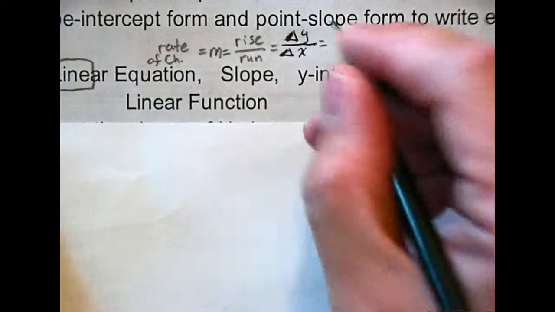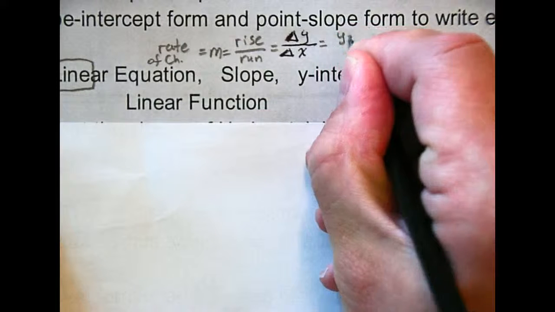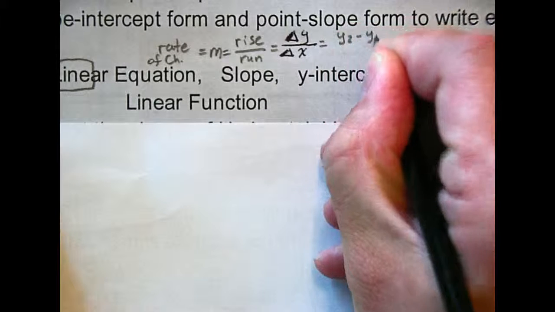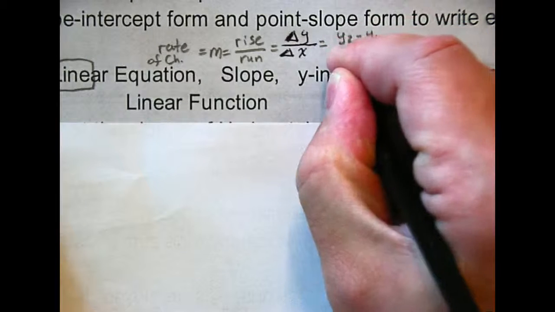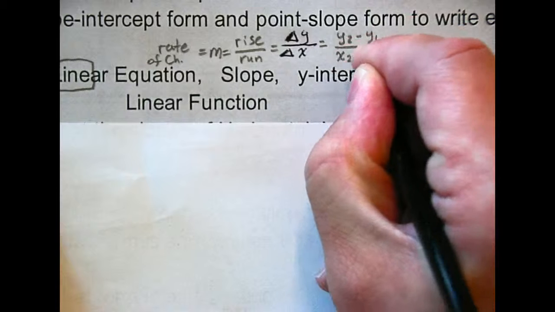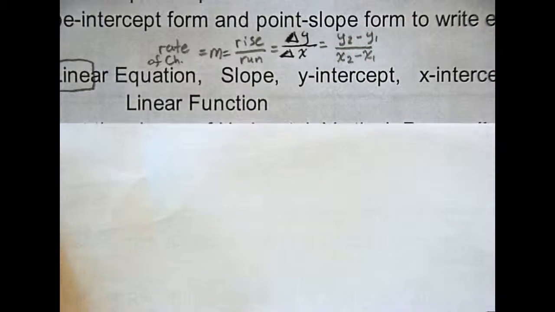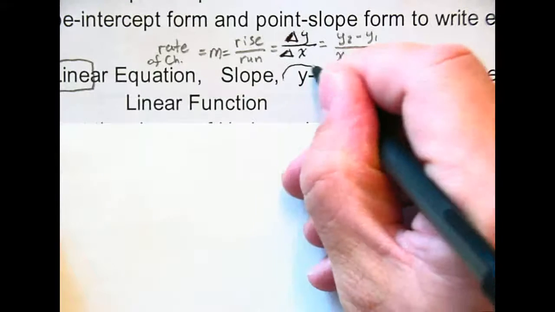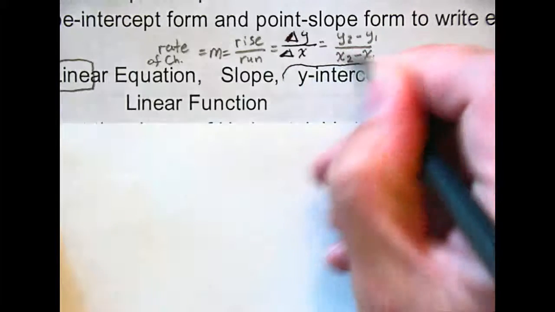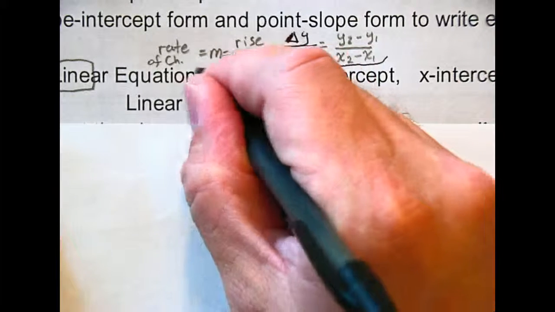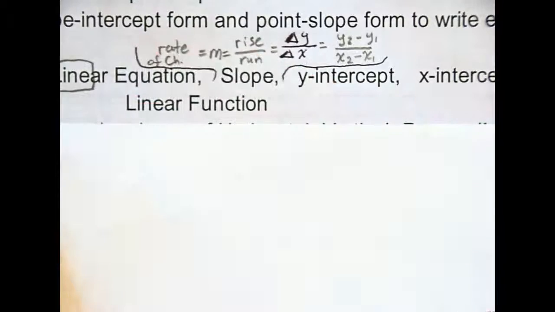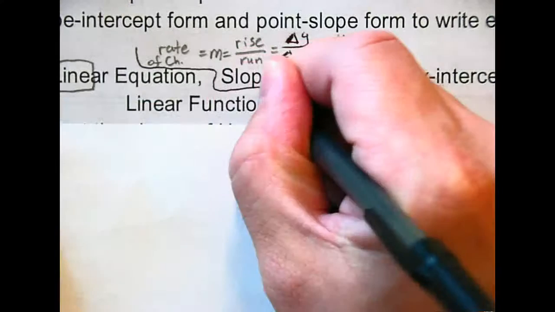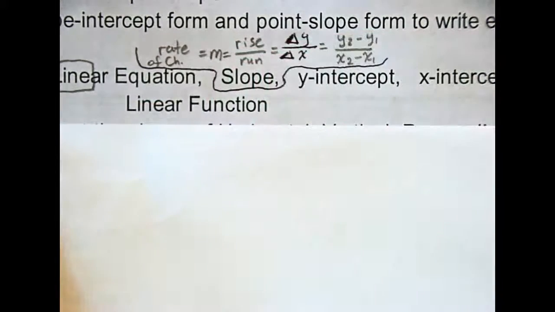Has y's and x's in it. y2 minus y1 over x2 minus x1. Good. And obviously we call it slope as well. It seems pretty comprehensive right now. We may call it some other names, but all of those things are slope.